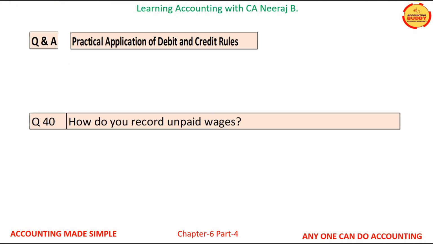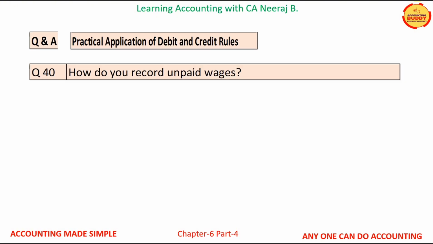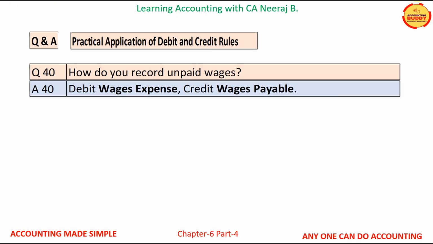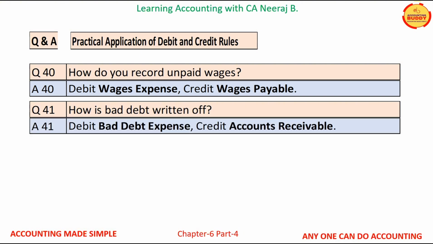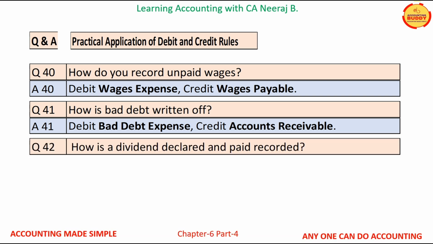Question number 40 is how do you record unpaid wages? The answer is debit wages expense account and credit wages payable account. Question number 41 is how are bad debts written off? The answer is debit bad debt expense account and credit accounts receivable account. Question number 42.